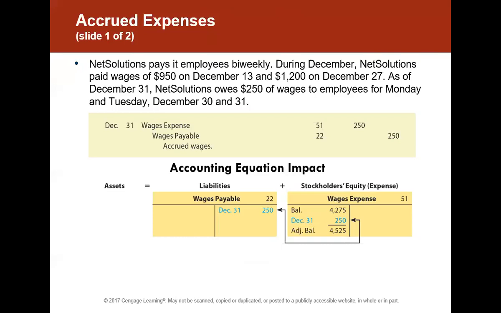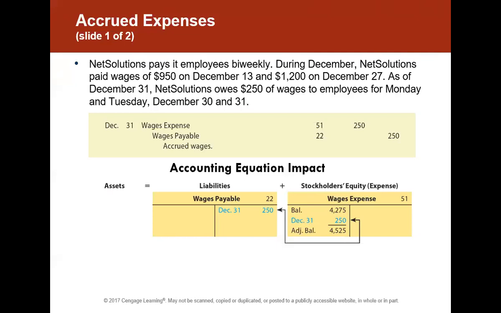Again, we're paying them every 2 weeks, so we still have 8 other days of pay to accumulate before we pay them. But those 2 days are in the current year. So that $250 needs to be recognized as an expense in the current year.